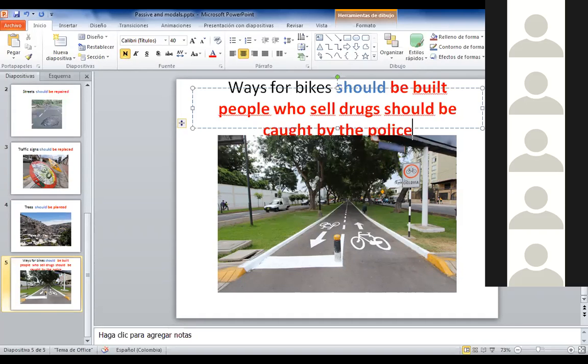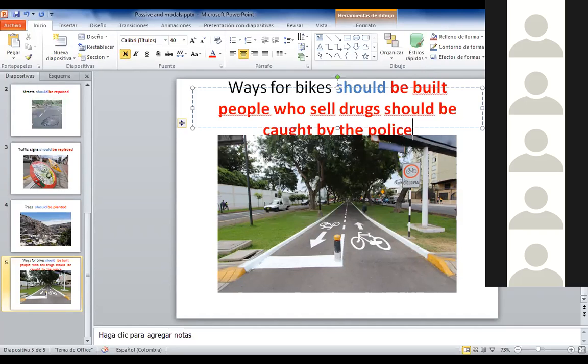Well, yeah, here it is very common to hear about some robberies, and it is important to do this kind of action to increase the security of the neighborhood. Yes, it helps. Yeah, it helps a lot.